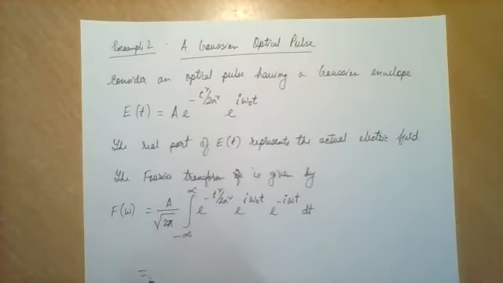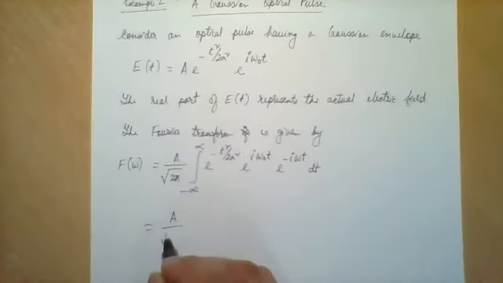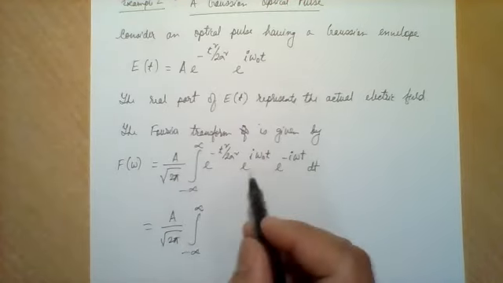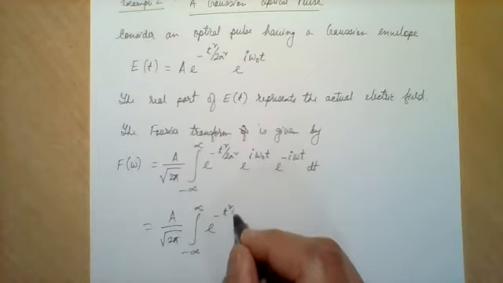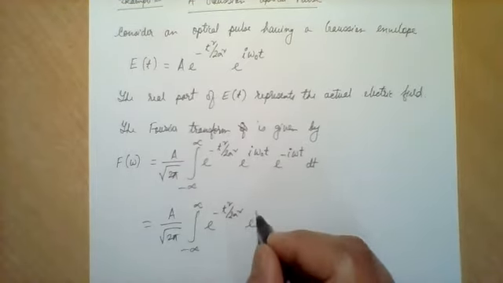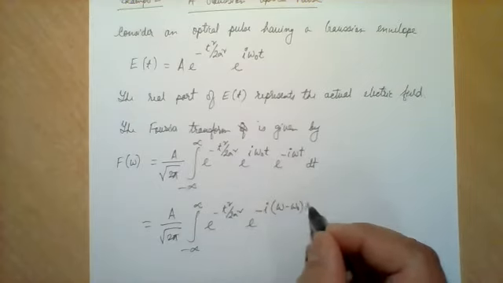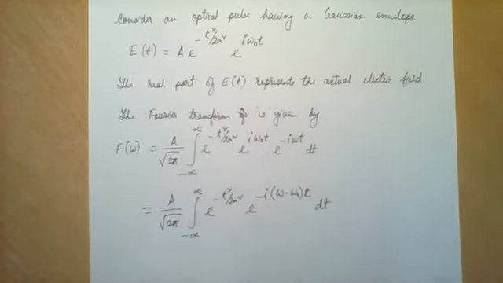So this is a by root over twice pi, integration from minus infinity to plus infinity. We can combine these two terms. This is e to the power minus t square by twice sigma square, e to the power, I can take minus i common, this will give us omega minus omega naught t, dt.